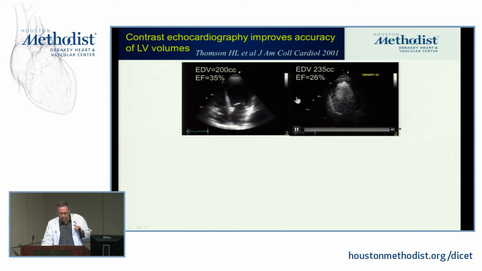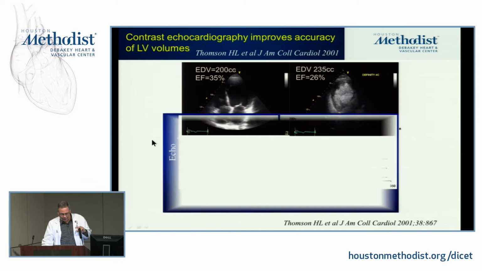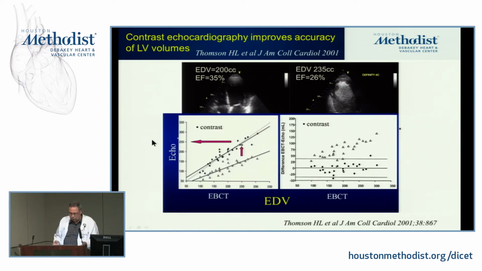And I'm not saying this because I'm a nice guy and I know a lot. I'm saying it because there's data, and this was published in 2001 by the Mayo Clinic group. They concentrated on bigger hearts, so you can see that in the scale, many of these are very big hearts, with EBCT as a standard. And the triangles are the measurements without contrast. There was a good correlation, but look at that, all the volumes are underestimated.